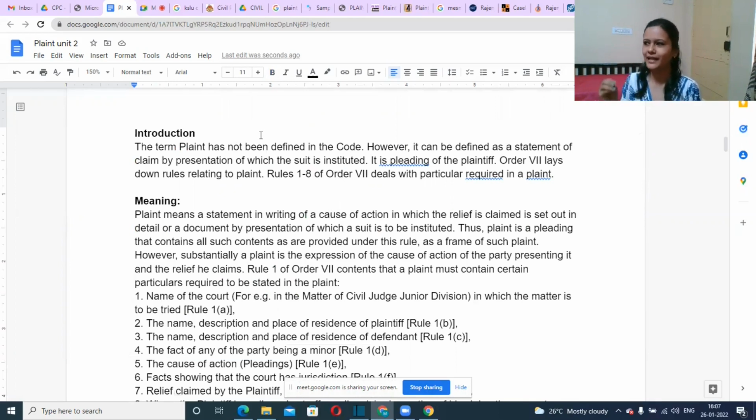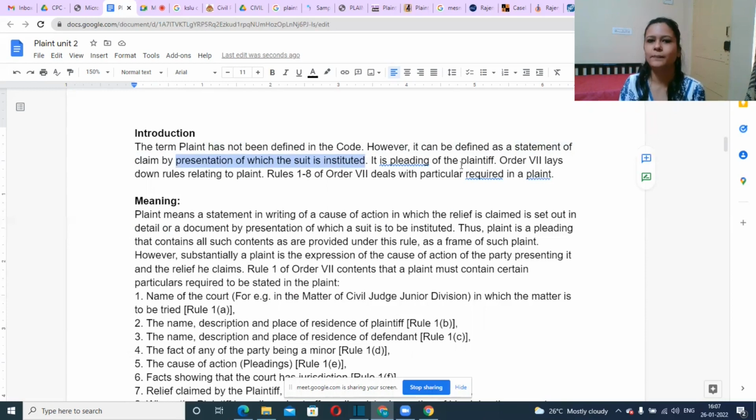So whatever claims or whatever is the cause of action for the plaintiff, those things would be mentioned in the plaint. So it is a statement of claim where the plaintiff would mention his claims or the main cause of action, and other things would be mentioned there. And by presentation of it, suit will be instituted under section 27(6) of CPC as well.